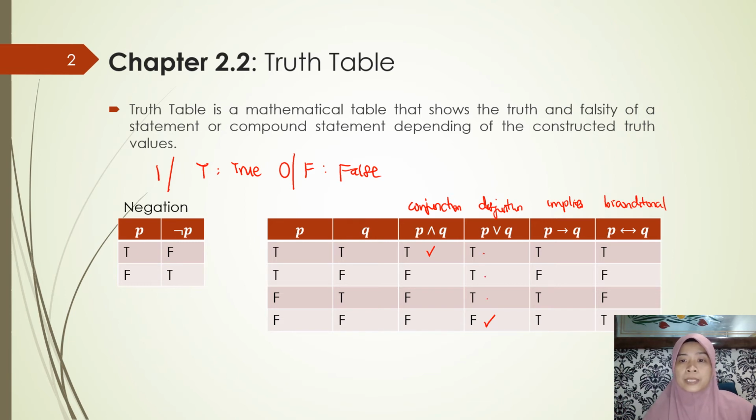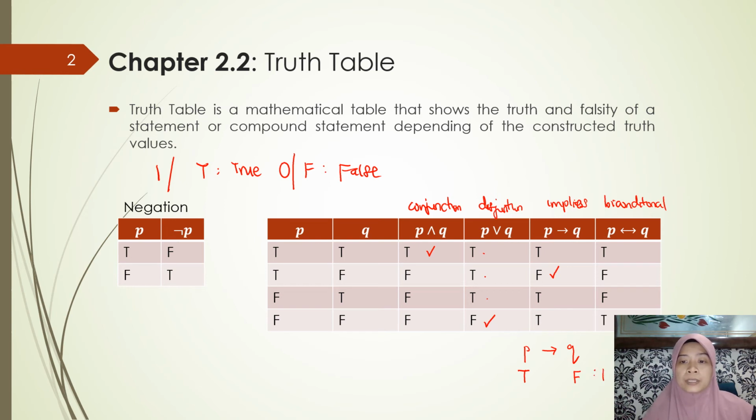Okay, for implication, P implies Q, it will be only false when the first statement is true and the second statement is false.